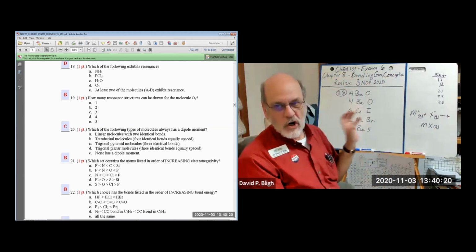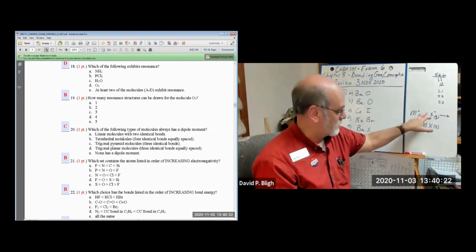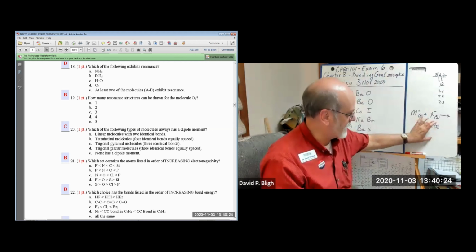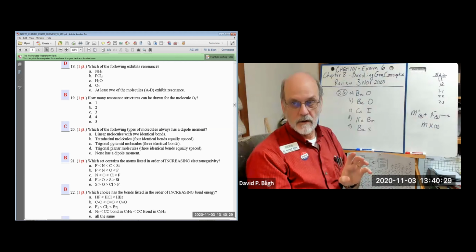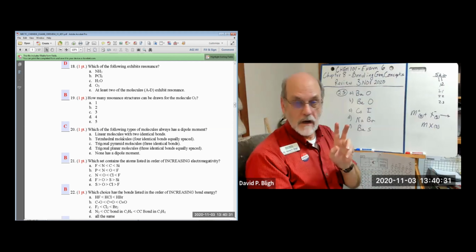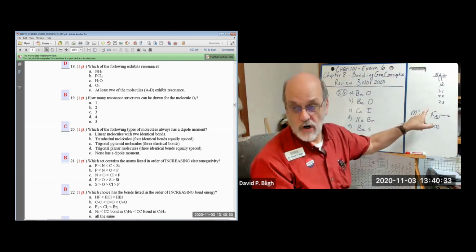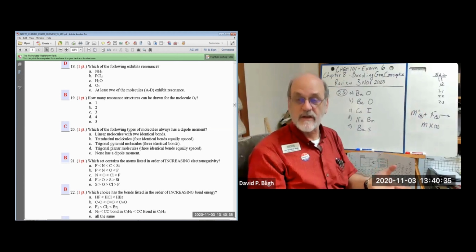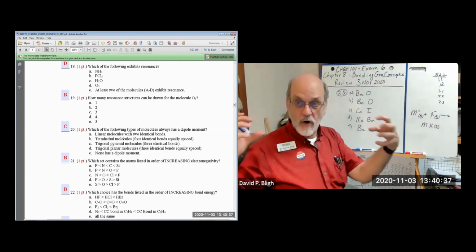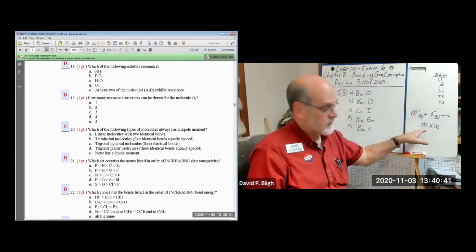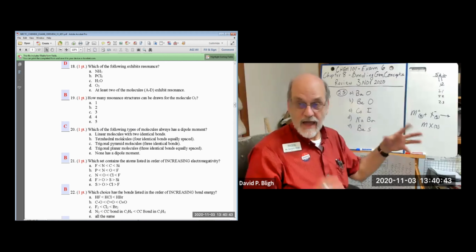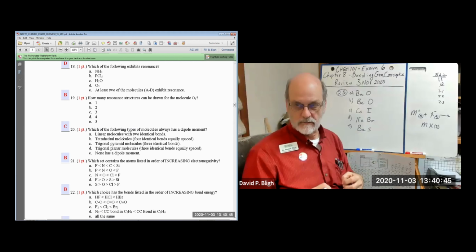Okay, so now what determines the strength of that bond between this position and that position? Two things. One is the size of the charge, right? Because Coulomb says the bigger the charge, the stronger the bond. But the other thing that determines the strength of that lattice energy is how close can they get to one another.